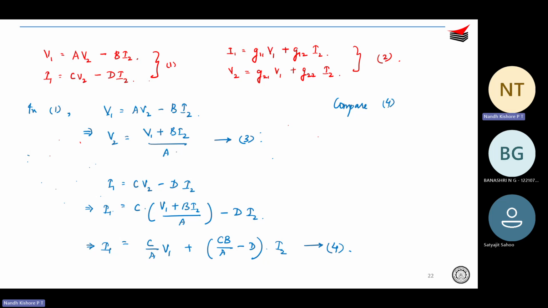So compare 4 and 3A. See, I1 is C by A V1 plus CB by A minus D I2, right? So this is like telling I1 is equal to G11 V1 plus G12 I2, right? So you get G11 is equal to C by A, G12 is equal to CB by A minus D. Okay.